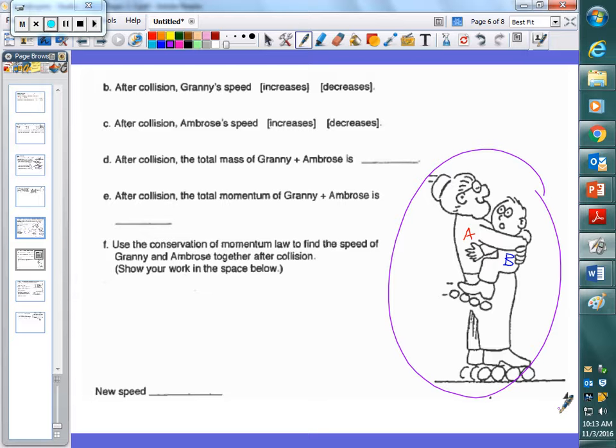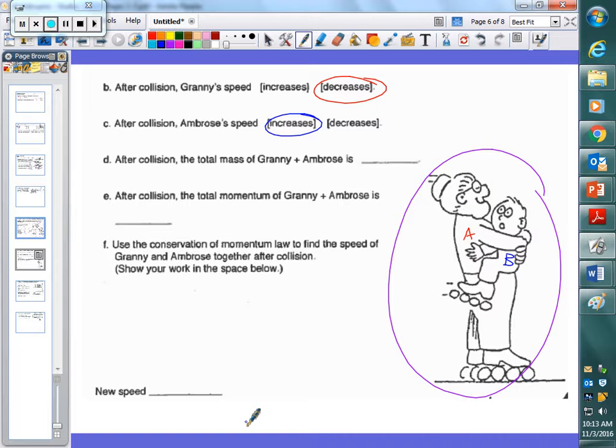All right? What's going to happen to Granny's speed when she runs into Ambrose? It's going to decrease. She's going to slow down. But what's going to happen to Ambrose's speed? He's going to increase. He was not moving, now he is.